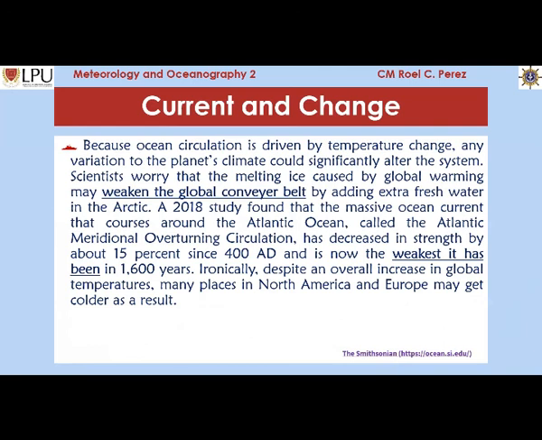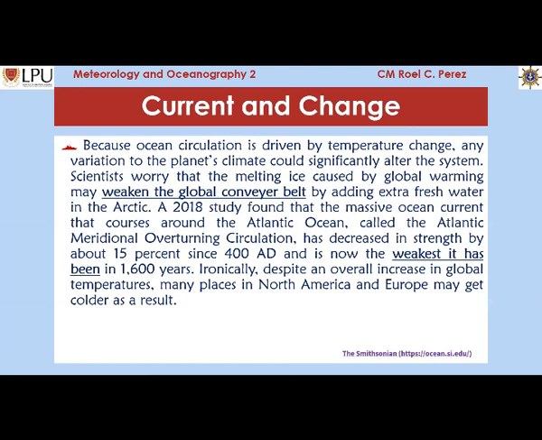A 2018 study found that the massive ocean current that courses around the Atlantic Ocean, called the Atlantic Meridional Overturning Circulation, has decreased in strength by about 15% since 400 AD and is now the weakest it has been in 1,600 years.